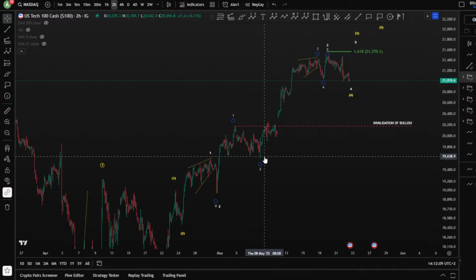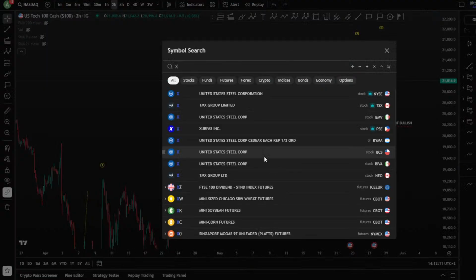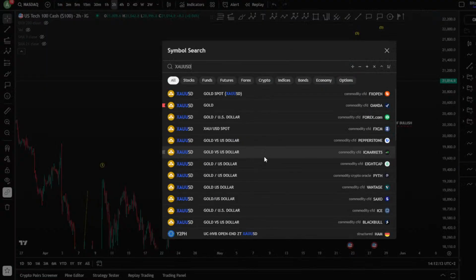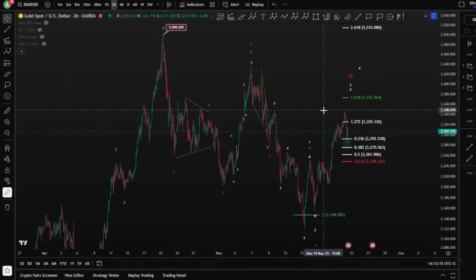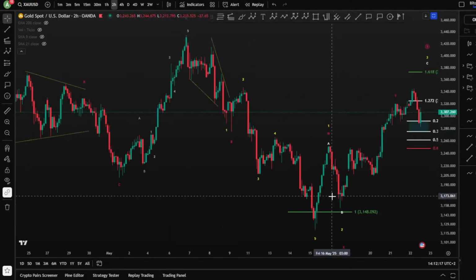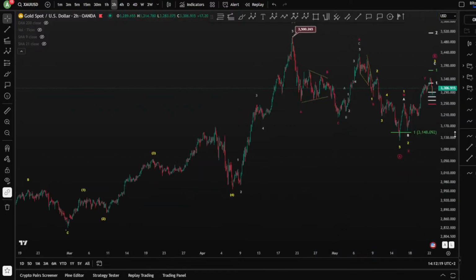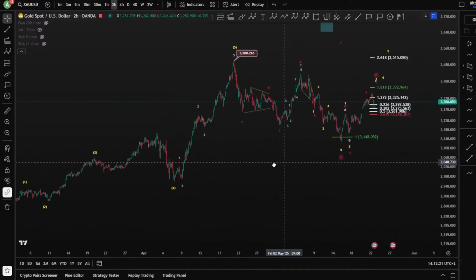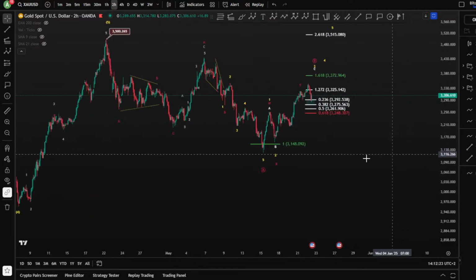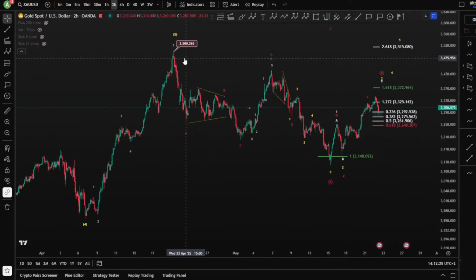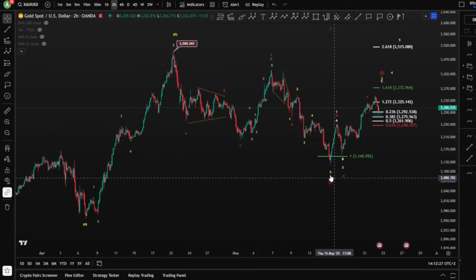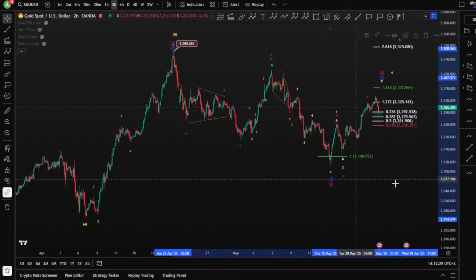All right, so let's move to the gold. I believe the gold is moving for higher. Okay, so on the 2-hour chart for the gold, lower time frame, we are looking at a potential A, B, and a C towards the downside, finished wave A here.